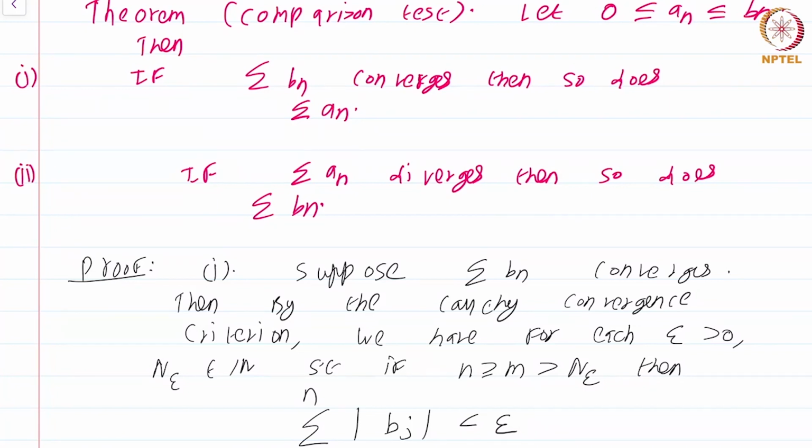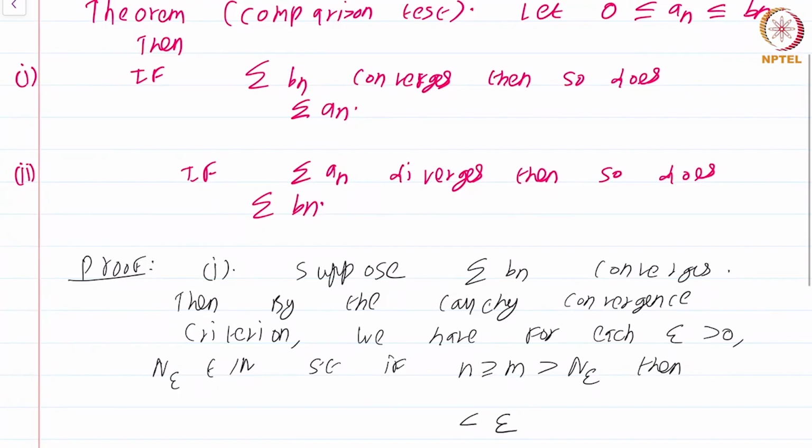Sorry, I made a mistake. The modulus should be outside the summation. So modulus of summation j equals m to n, bj is less than epsilon.